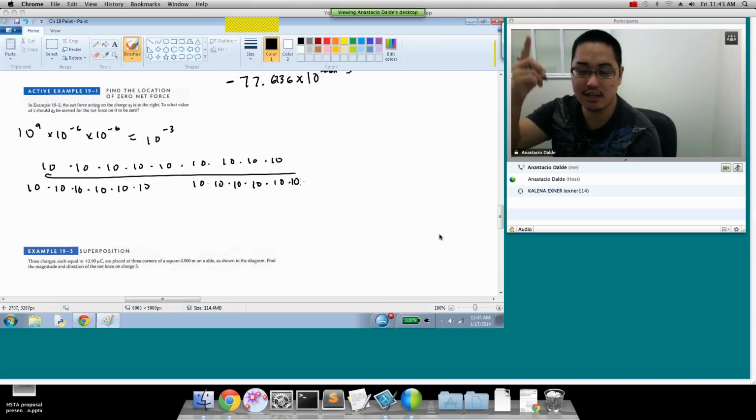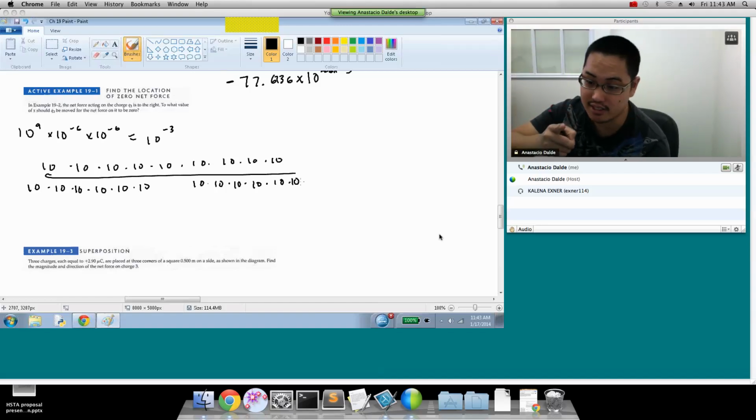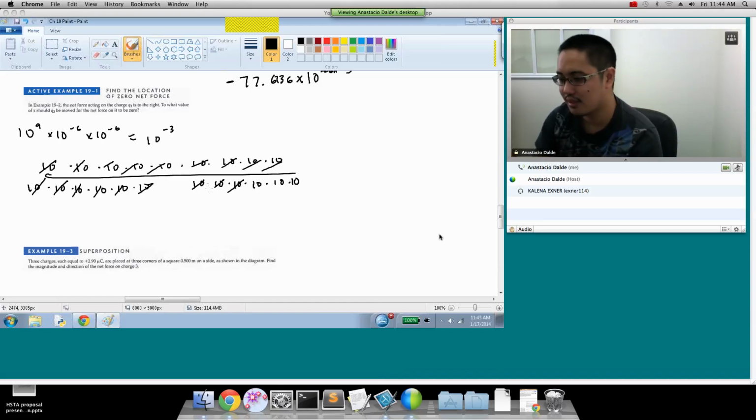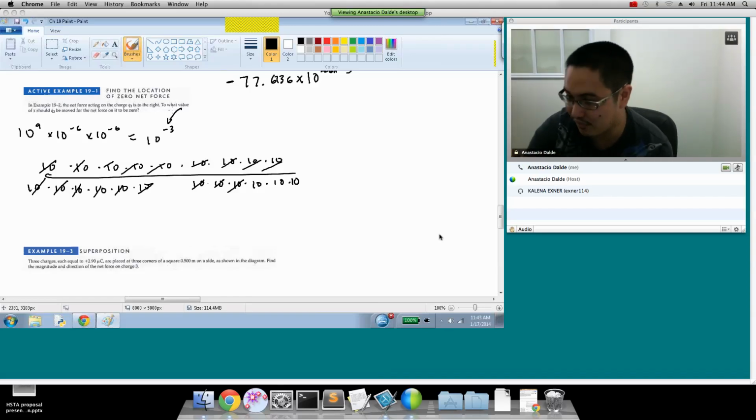All right, so now we're going to cancel out a 10. Any 10 we cancel out on top, we're going to cancel out on bottom. Here, here, here, here, here. And that one. Guess what? There's 3 10s left in the denominator. That's why it's times 10 to the negative 3.